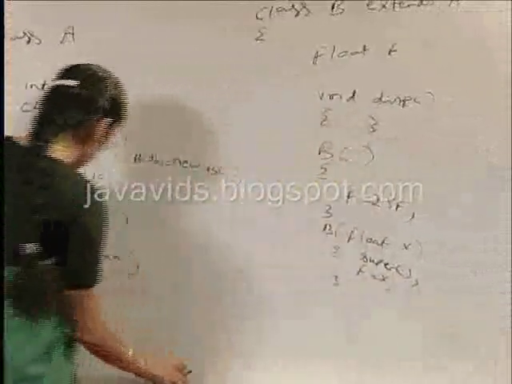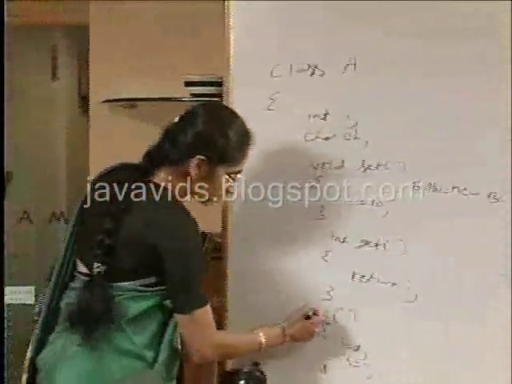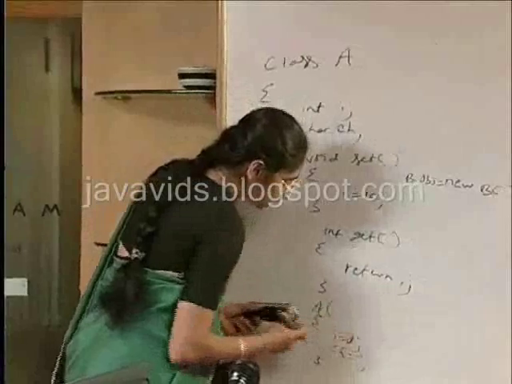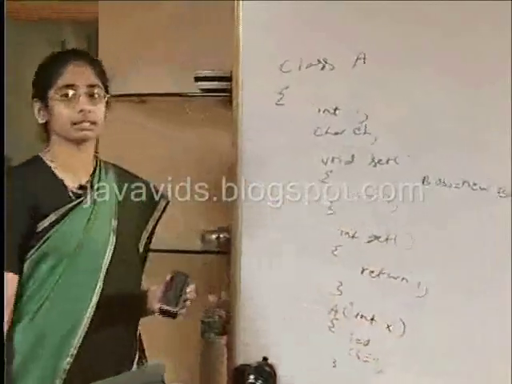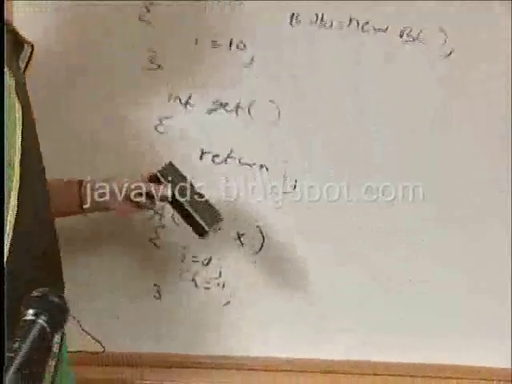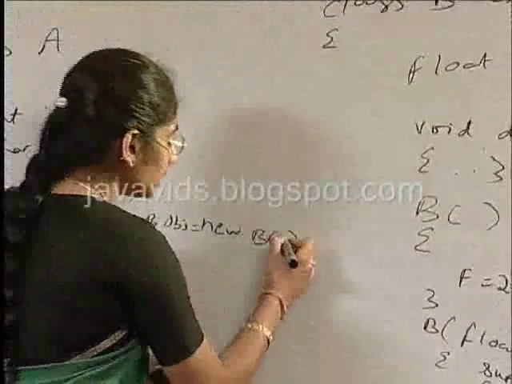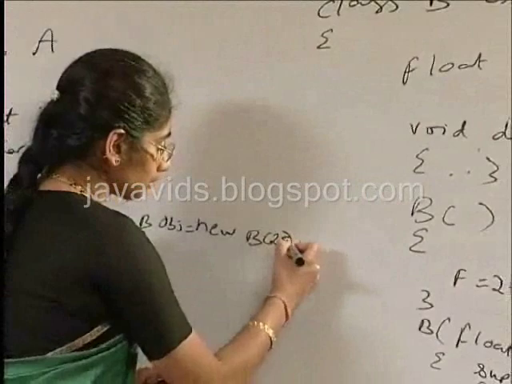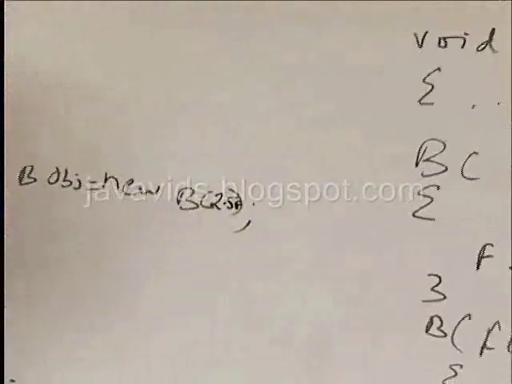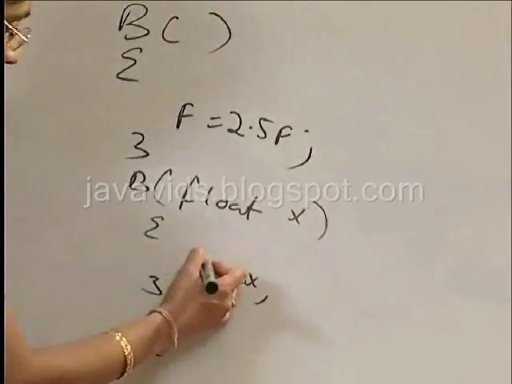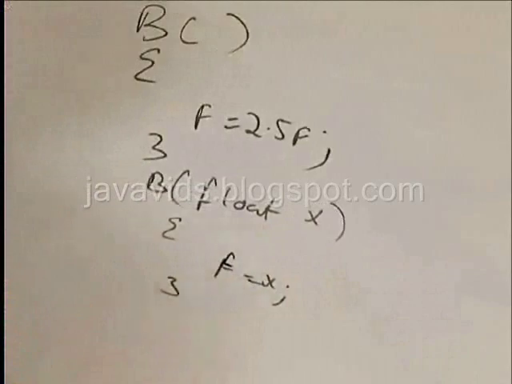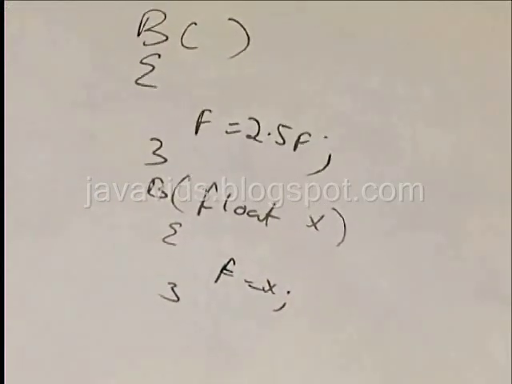Now let's assume that in the parent class, we write a parameterized constructor likewise. In that case, when we create an instance of the subclass, and let's assume there is no super call here, we are just writing f is equal to x in our child constructor.